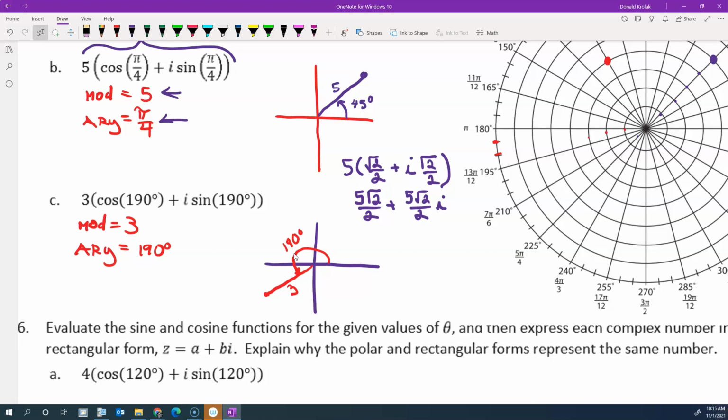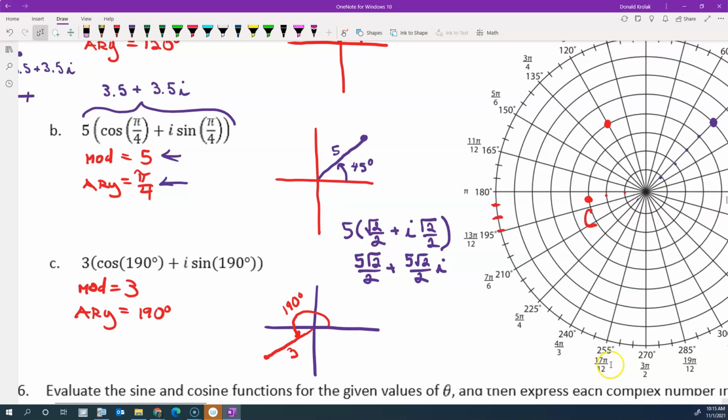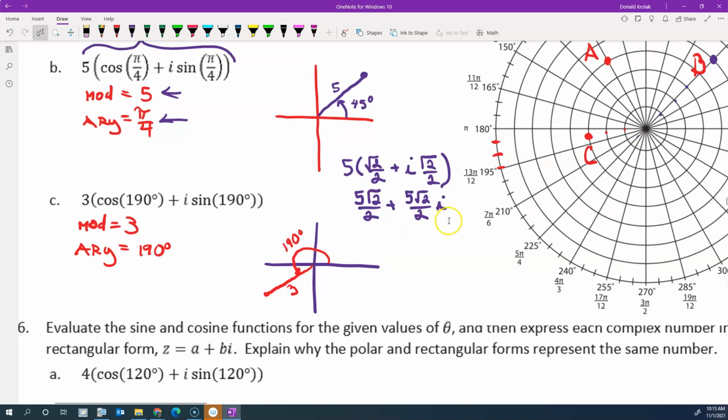So what is this? 85, 190, 195. So somewhere around there would be C. B was over here. A was here. So it's just another way of writing a number.